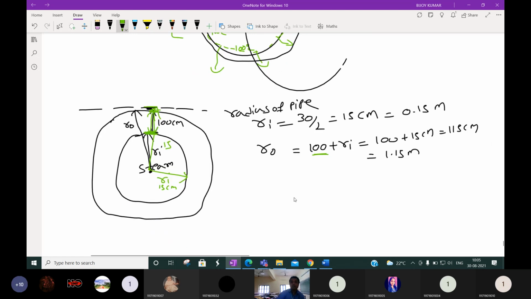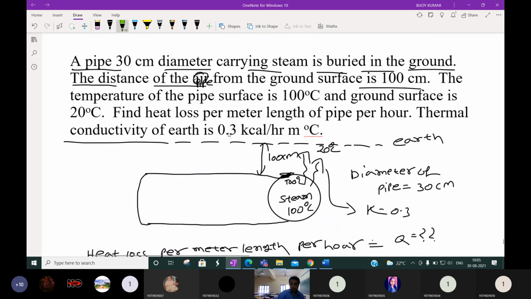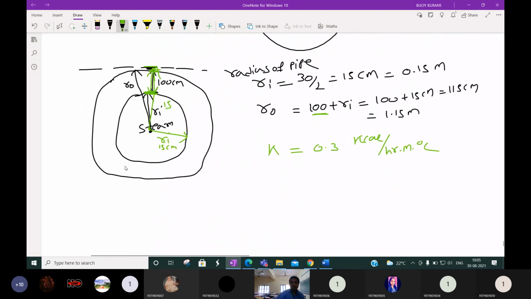Then it is given the earth thermal conductivity, 0.3 kilocalorie per hour into meter into degree centigrade. And what you have to find? You have to find the Q value.